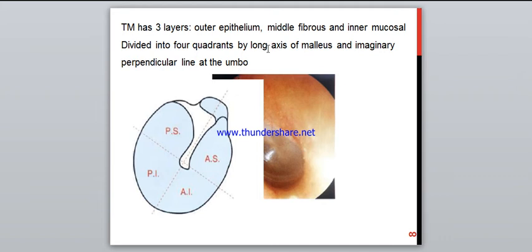It is divided by the long axis of the malleus. This is the malleus bone, one of the 3 middle ear ossicles. So one line crosses the malleus, and the other line is an imaginary perpendicular line at the umbo. This is the umbo.